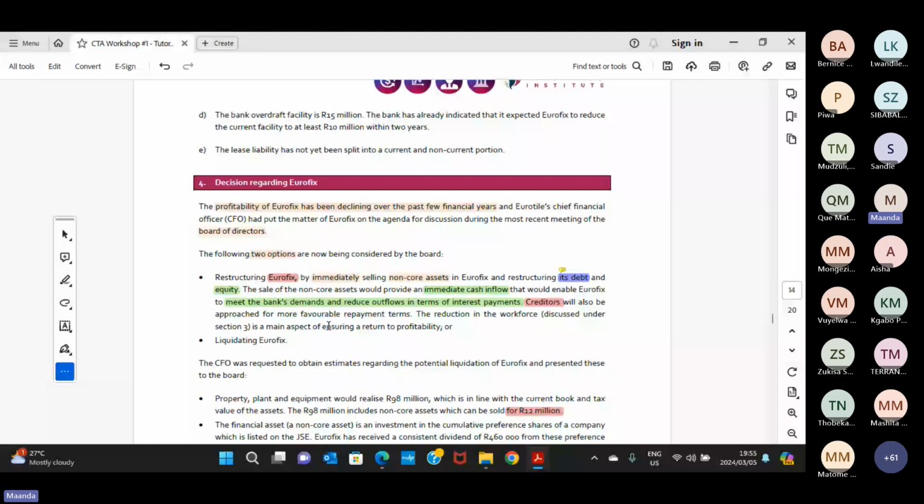One, are we going to go for restructuring, or two, are we going to liquidate our company? So you still have to advise the board on the decision they need to take for the future that is going to affect the company, and the things they need to consider in the decision they have to take.